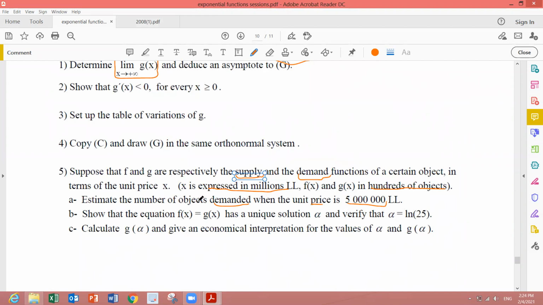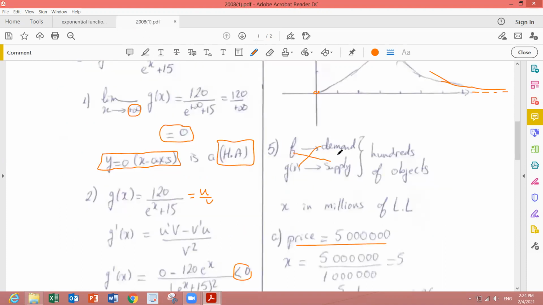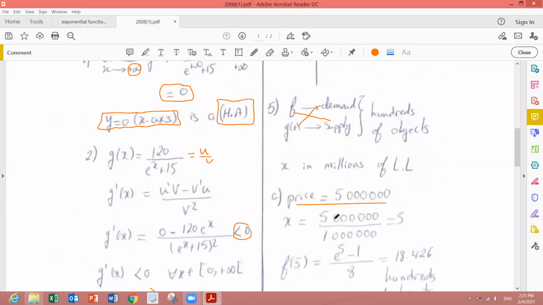Estimate the number of demanded objects if the price equals 5 million. What do we do here? X equals price equals 5 millions over 1 million.